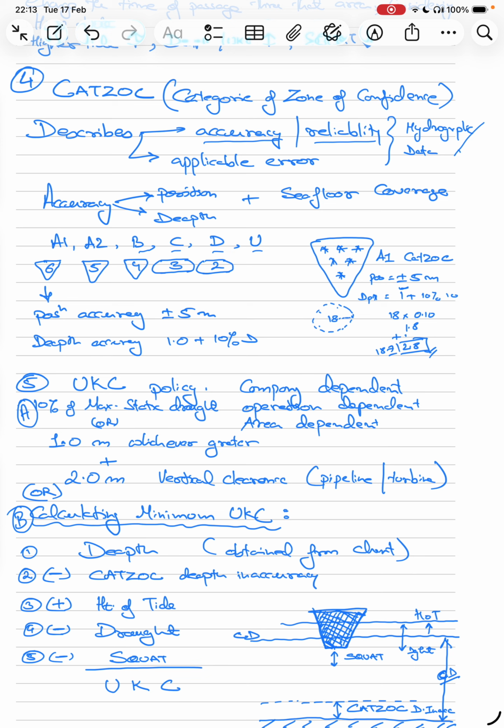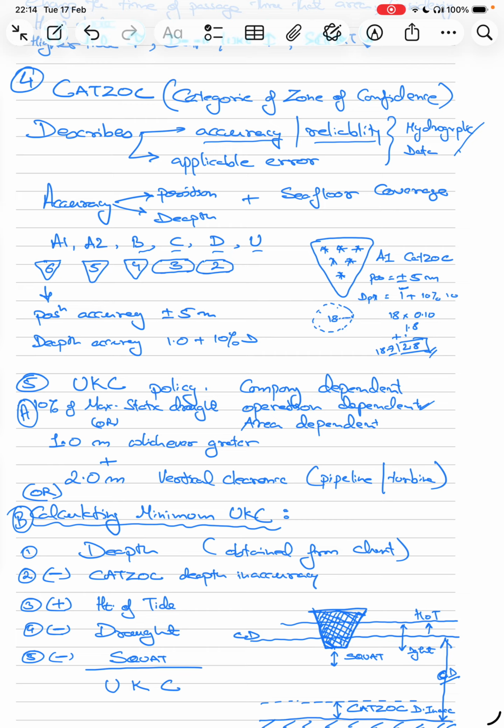Now, UKC policy. UKC policy depends from company to company. Every company has got their own policy, and many times it also depends upon whether the company has varied kinds of vessels. It can be operation dependent: a vessel engaged in this kind of operation will have to maintain this kind of UKC, a vessel engaged in another operation will have some different UKC policy.